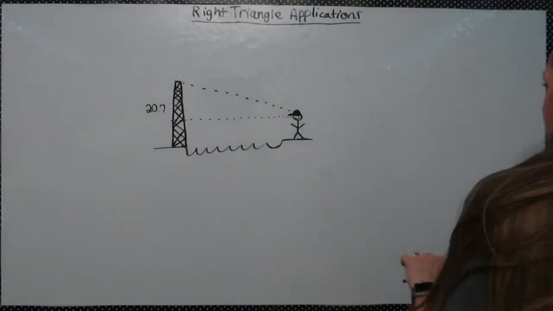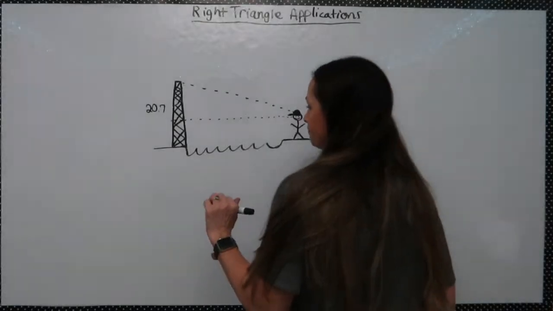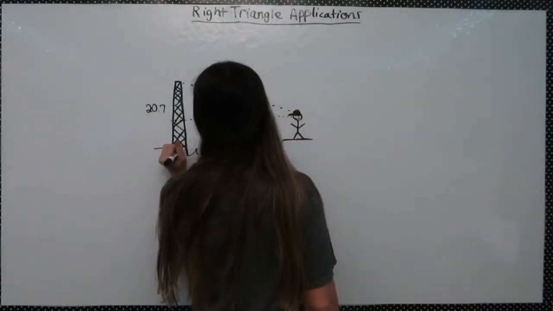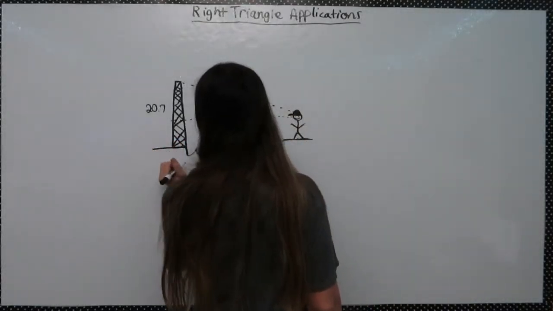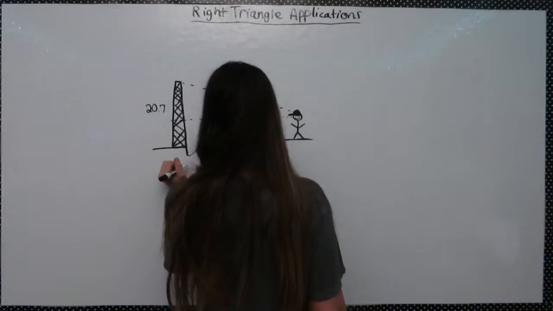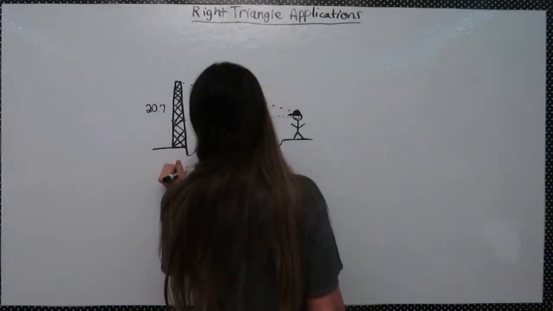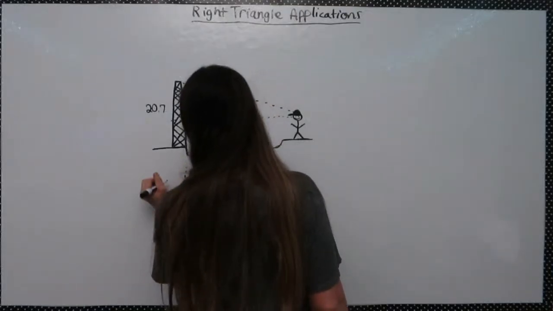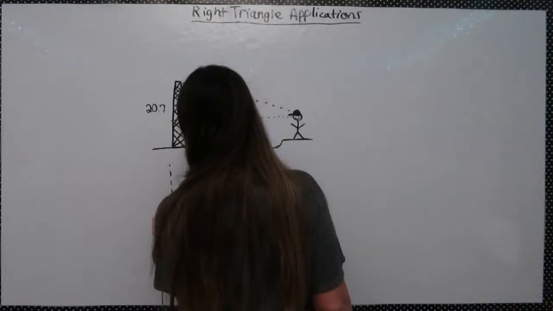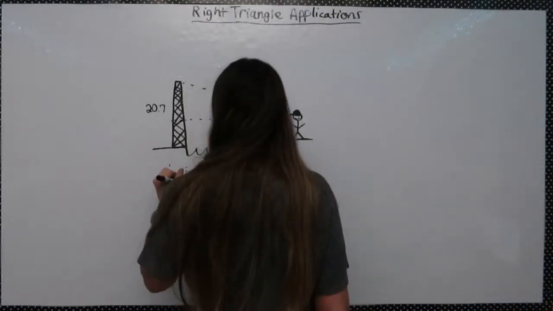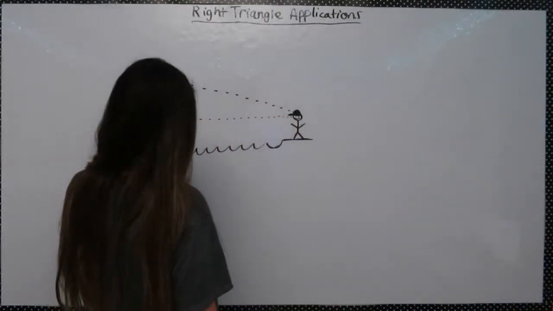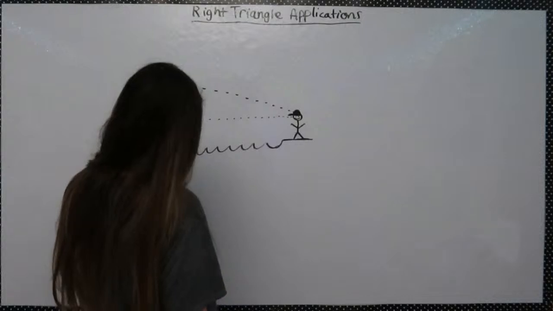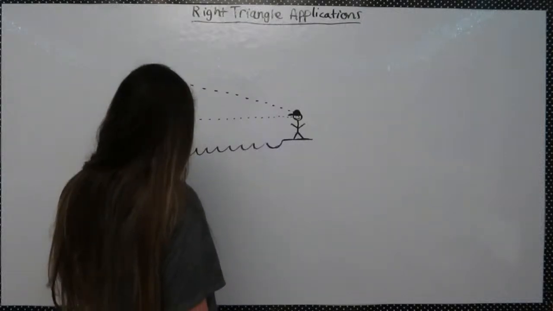So apparently the reflection in the water is casting an image of this tower here. Let me use my art skills and see if I can draw an upside down image. We've got this tower.